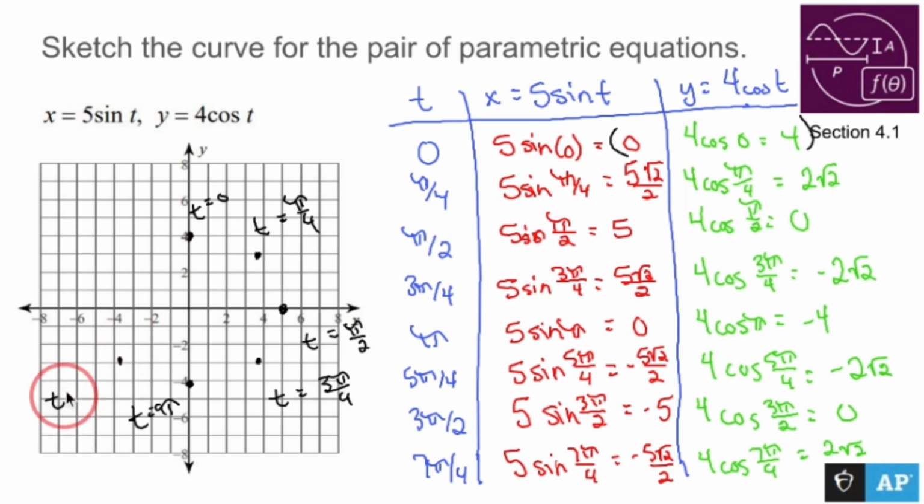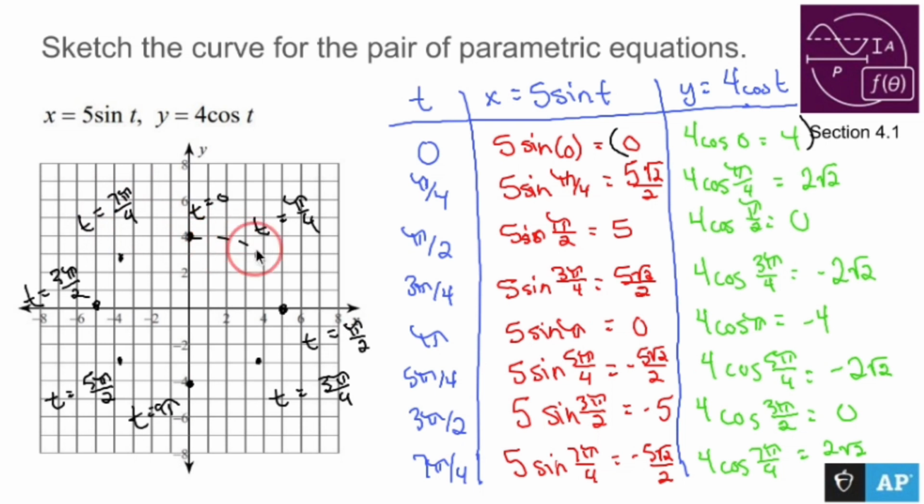And that's t equals 5 pi over 4. Then we have 3 pi over 2 is -5, 0. T is 3 pi over 2. And then you kind of complete out this ellipse-looking thing that lives like right around here. And that's when t is 7 pi over 4.